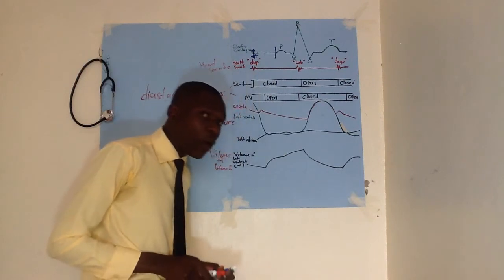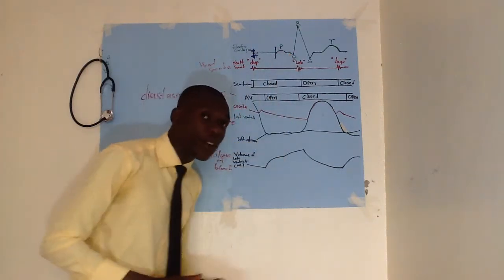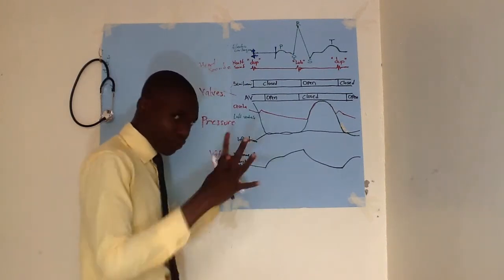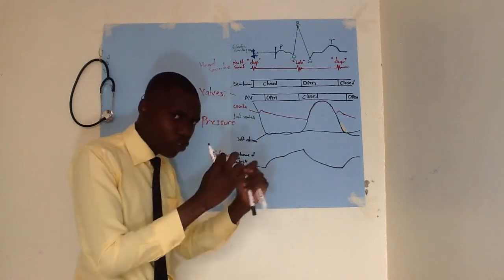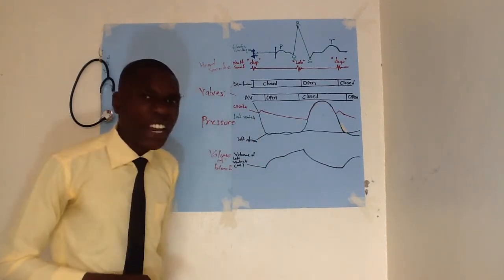And when the atrial cardiac tissue is depolarized, it contracts immediately. When it contracts, the atria are going to contract. It means we are going to have a state known as atrial kick.